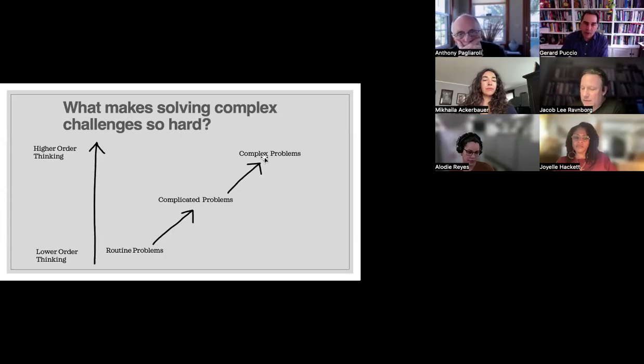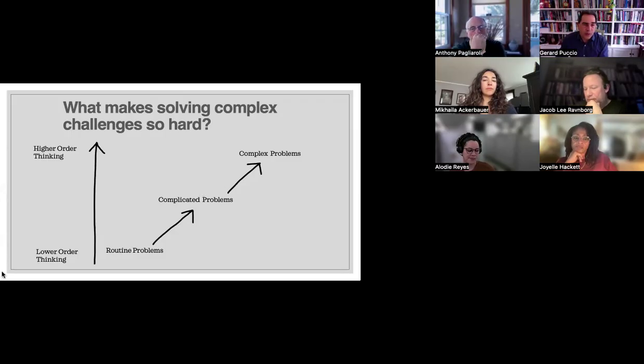Now, complex problems require the highest level of human thought, higher order thinking skills, because complex problems do not have known solution pathways and the outcomes are unknown to us. We have to discover the outcomes. So, is that clear? Okay, I hope my misstep didn't confuse anyone.